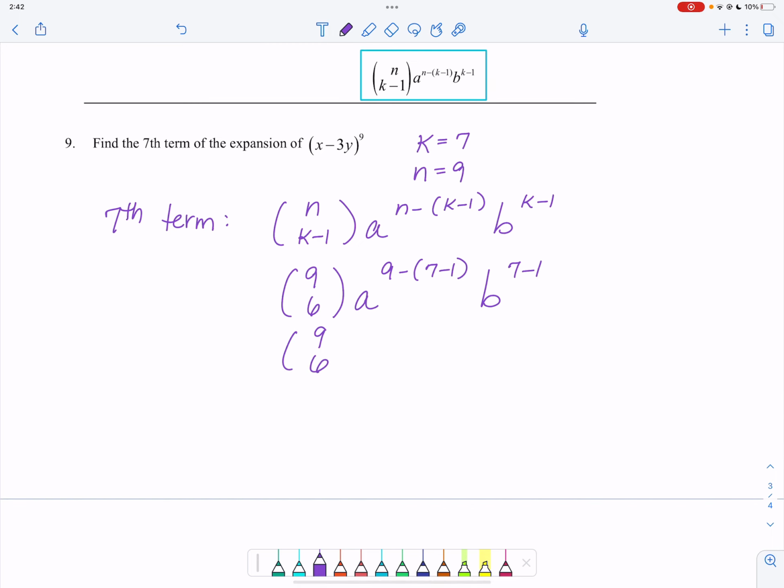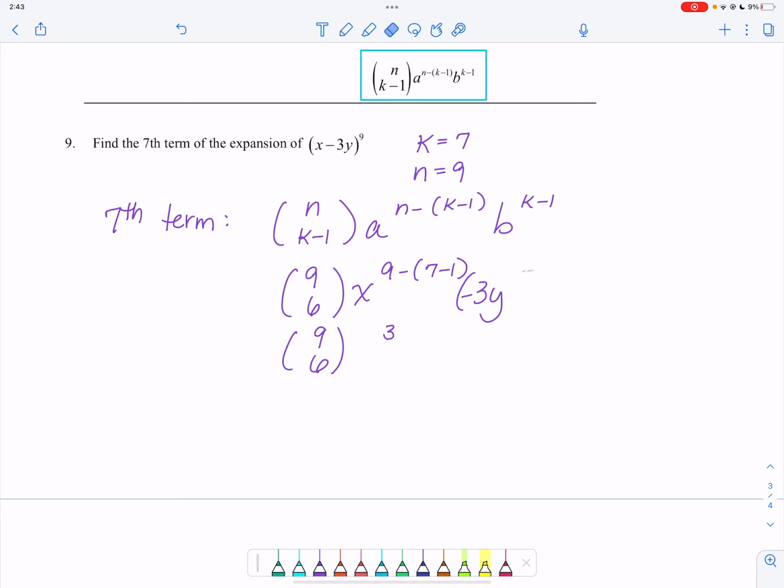So 9 choose 6, a. And so that's really 9 minus 6, which is a cubed. And I guess I should be writing an x here, sorry. And this should say negative 3y.